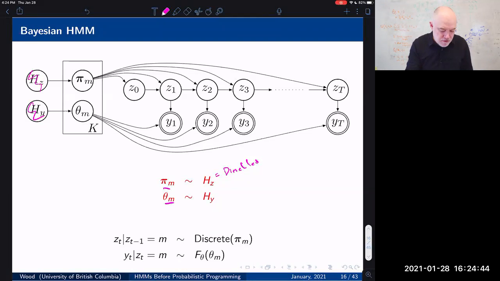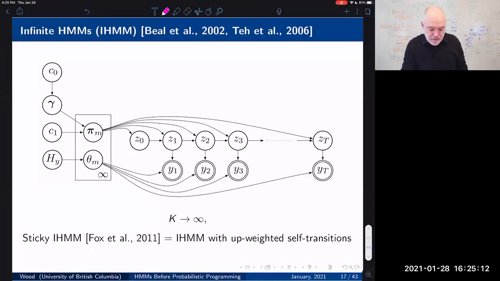So the point though is that these now are also latent variables, and we want our inference algorithm to infer given y, not just the latent state sequence, but also the state transition distributions and the observation distribution parameters. Totally fine, no issue.